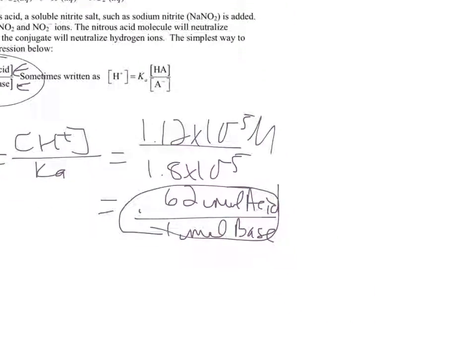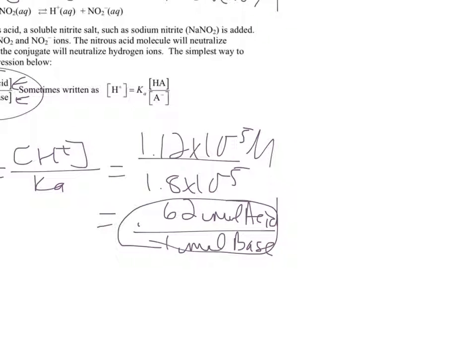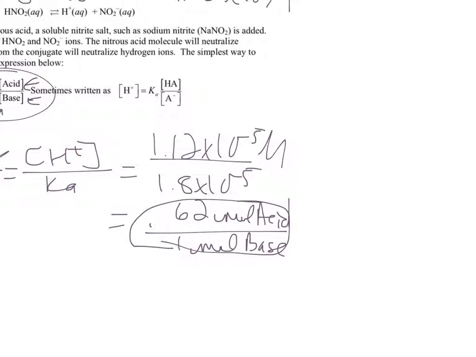All right, so this is my target ratio, and I don't know how much base I'm going to have. That's one of the things I have to calculate. I have to figure out how much of the base do I add, but I do know how much of the acid I have, right? Because I had a 0.1 molar solution. It was 0.1 molar of the acetic acid, and they told me in my procedure that I had 100 milliliters of it.